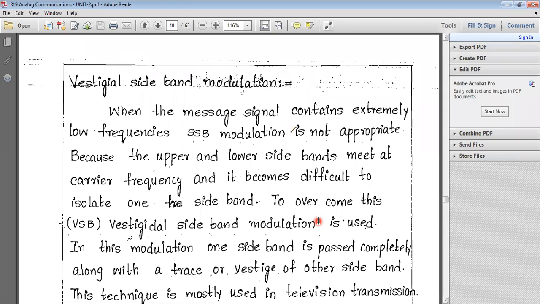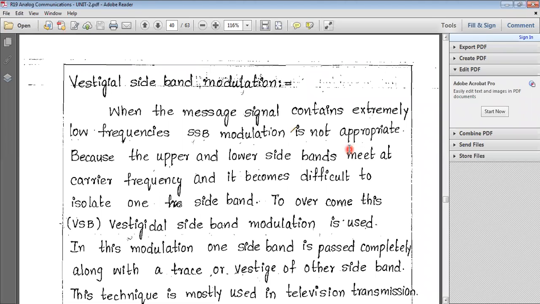Before going to vestigial sideband modulation, first I discuss the drawback of SSB and previous techniques. For that purpose, I explain with an example. Let us consider the carrier frequency as 300 kilohertz and the message signal as 5 kilohertz.